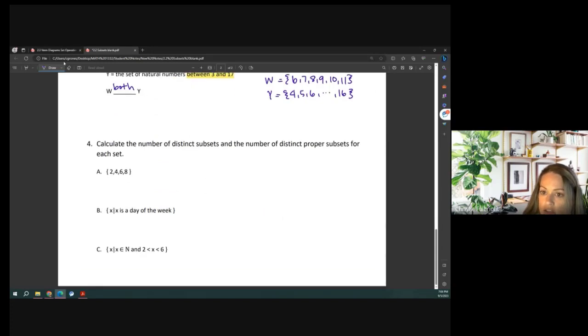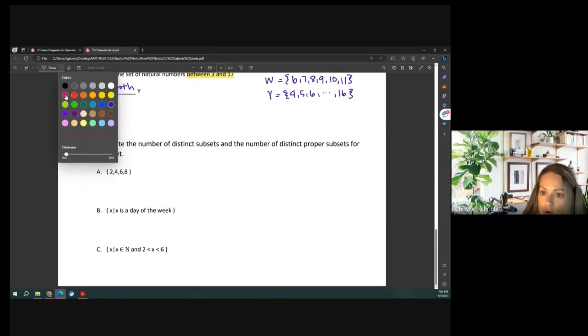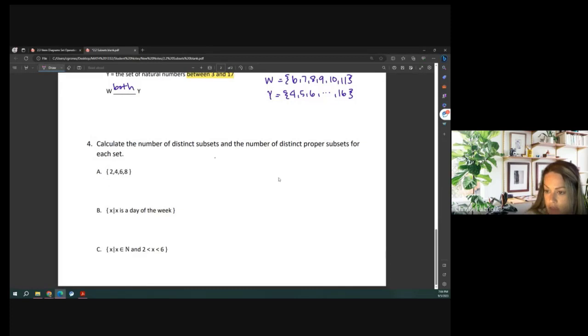And our last exercise for today is number 4. We are going to calculate the number of distinct subsets and the number of distinct proper subsets. So let me write out the formula. For subsets, it is 2 to the n. And for the proper subsets, it is 2 to the n minus 1, because we always have that 1 that is not proper. And n equals the number of elements.